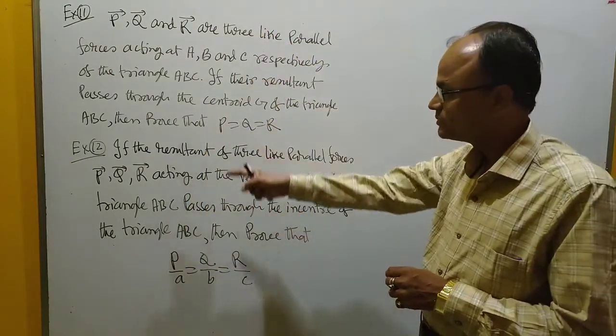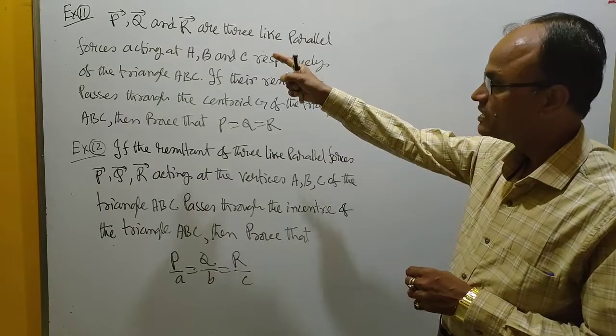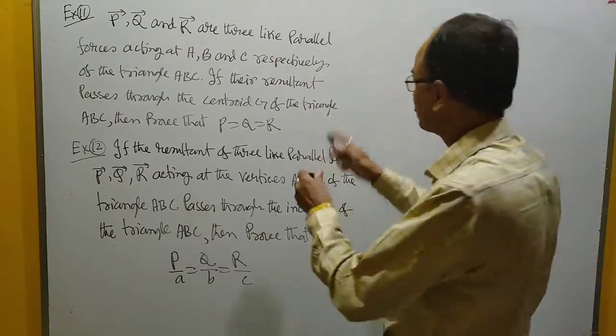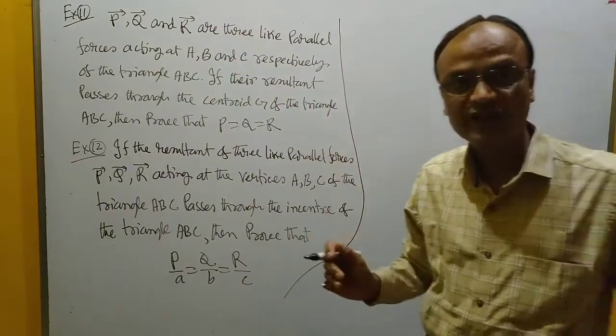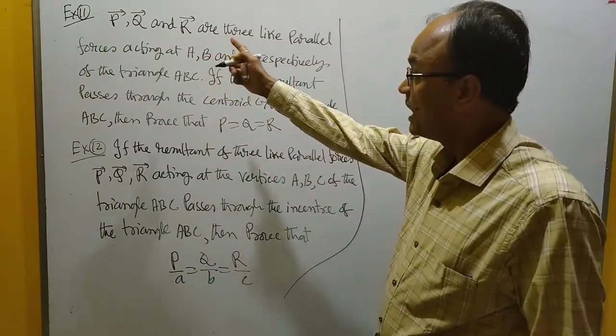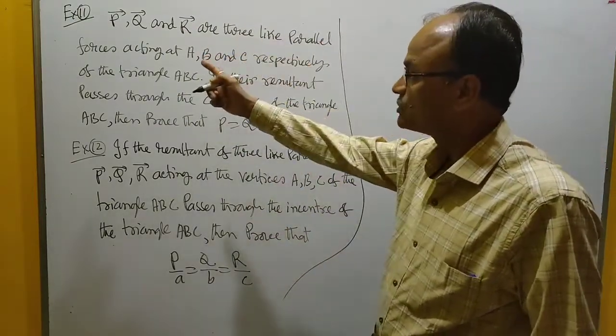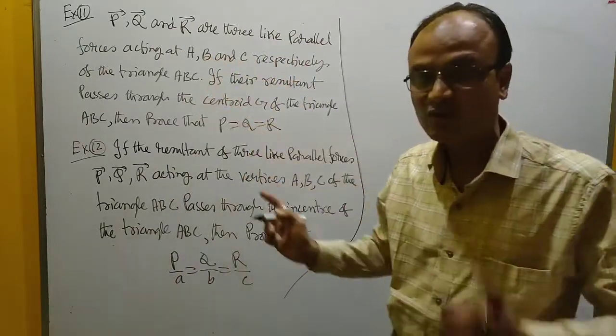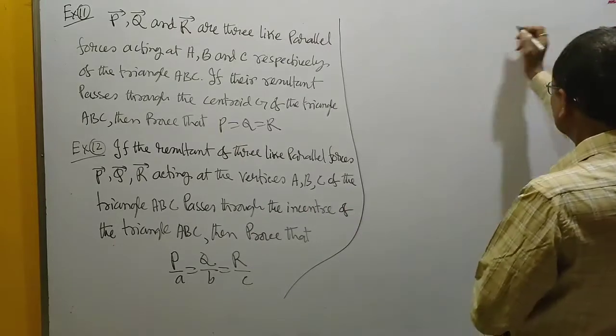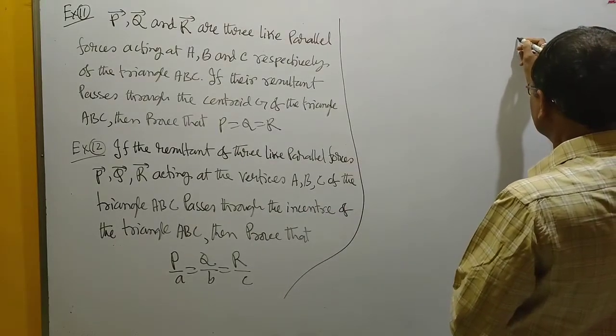First, let us try to solve these two problems. Question number 1. PQR are three like parallel forces acting at A, B, C respectively of the triangle ABC. Let me draw the triangle ABC.